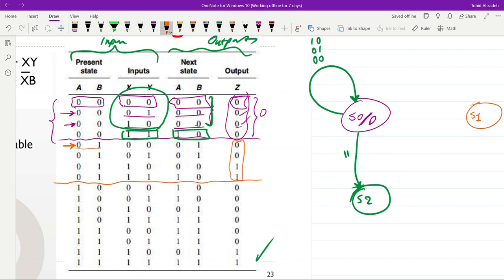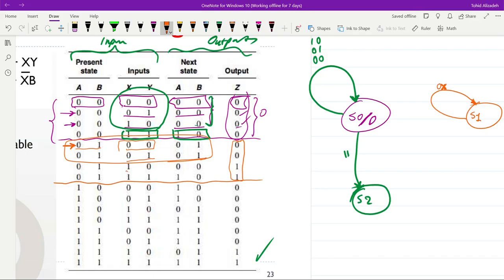If we are in S01 and we receive the input either as 00 or 01, we will remain at the same state. Okay, so these two could be combined with each other. So we will remain at the same state if we receive the input as 00 or 01. So 0x could be written here. This includes 00 and 01.